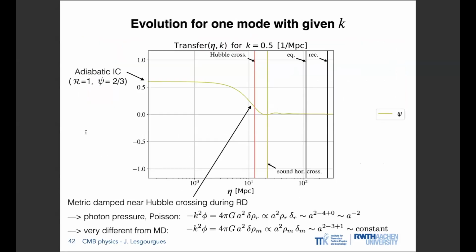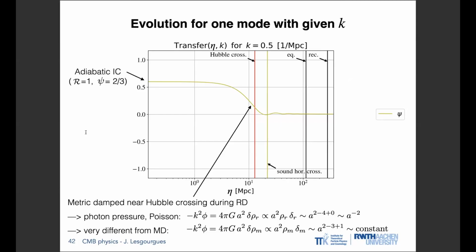Okay, so then we started looking at a plot where we take a given mode k, and for this mode k, we are going to follow different transfer functions as a function of conformal time between the early universe and, here I'm not stopping the diagram today, but I'm stopping it soon after recombination or photon decoupling.